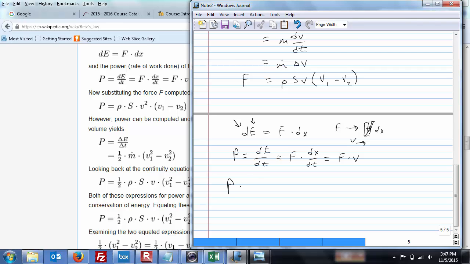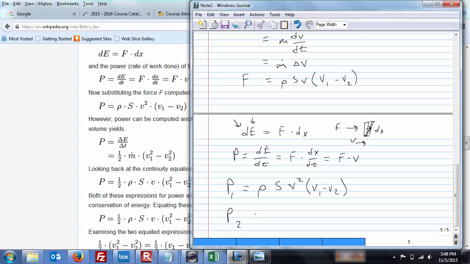So now power equals rho S. The V becomes a V squared because force was rho S V, so V squared, (V1 minus V2). So that's one expression for power. I'll just call this power 1. The other one I'll call power 2.